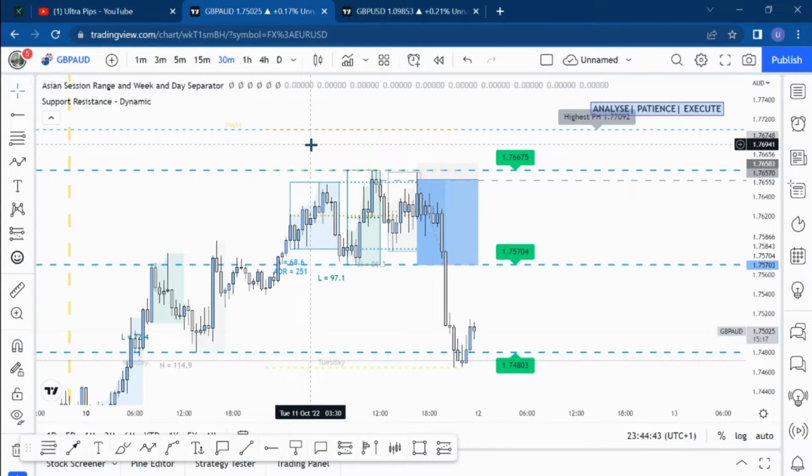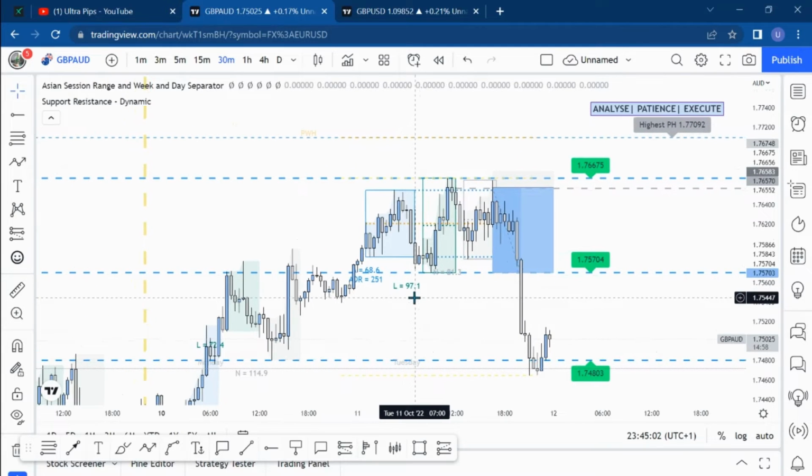This is GBPAUD I'm using to explain right now. Price took out this low and bought during the London session. It gave about 97 pips. This number you're seeing here is your pips, this 68.6 is your pips.